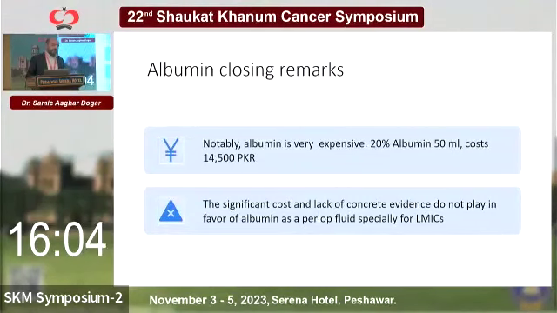So albumin 20%, 50 mL bottle in my center costs 14,500 rupees. The significant cost and lack of concrete evidence do not play in favor of albumin as a peri-op fluid, especially for low middle income countries.